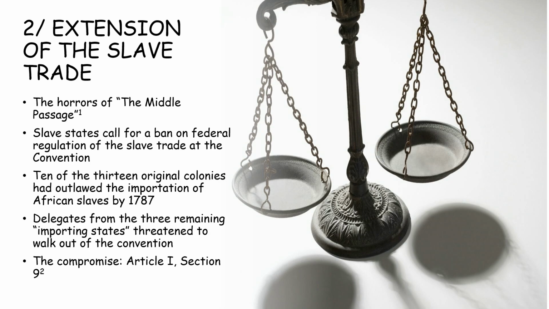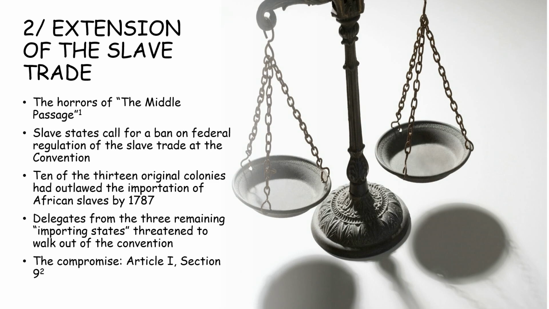That preserved the authority of the slave importing states to continue the trade for another 20 years, or until 1808, and did allow a tax on the importation of slaves up to $10 per slave. So this again was sort of an odious compromise where they were basically creating this idea that they were going to allow the slave trade to persist, and they would allow taxation on the slaves in return.